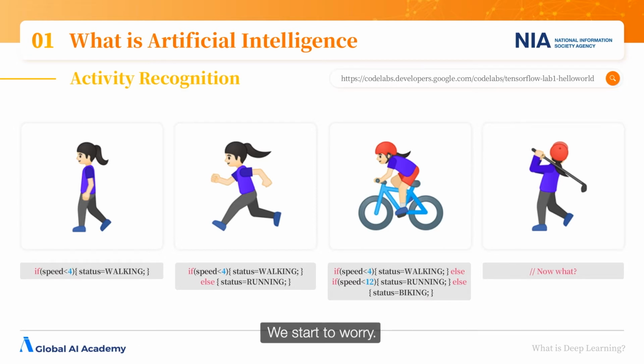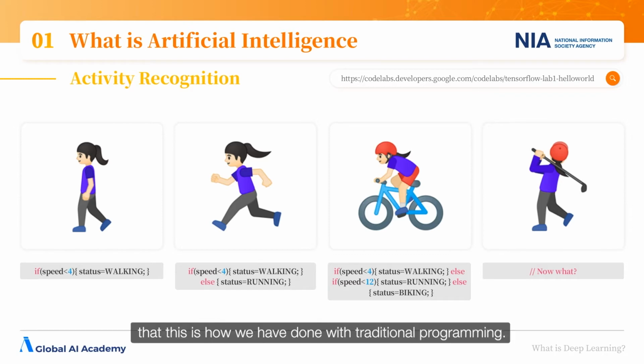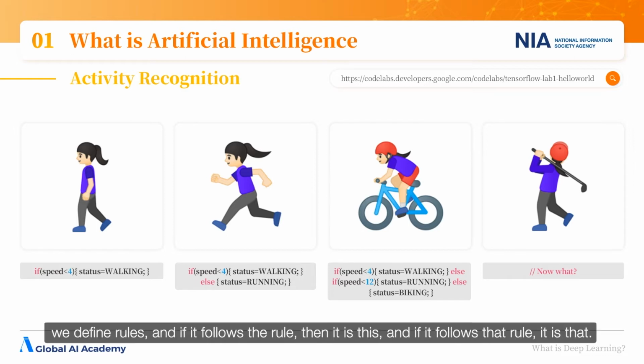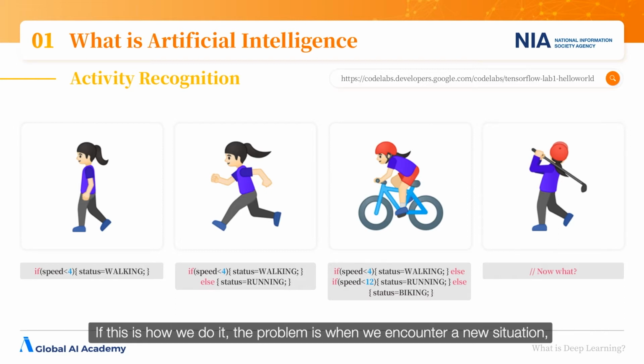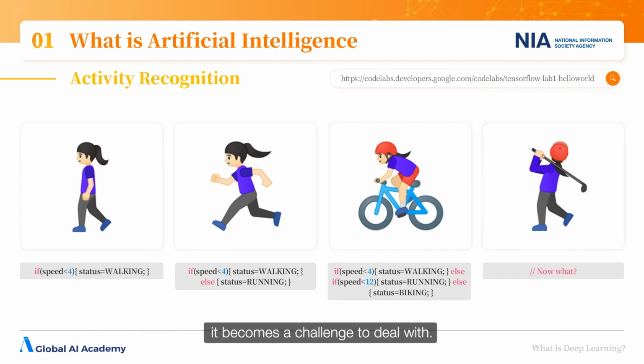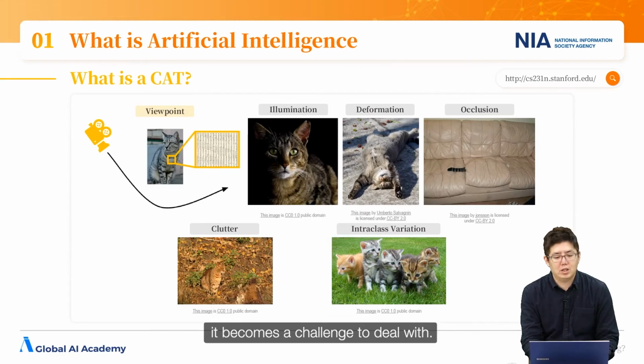We start to worry. The reason why I'm saying this is that this is how we have done with traditional programming. When we build a model to recognize something, we define rules, and if it follows the rule, then it is this, and if it follows that rule, it is that. If this is how we do it, the problem is when we encounter a new situation, it becomes a challenge to deal with.